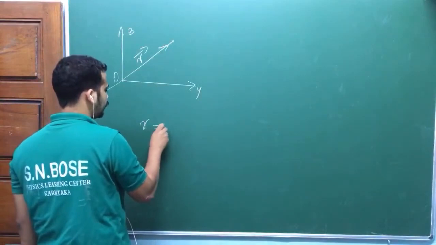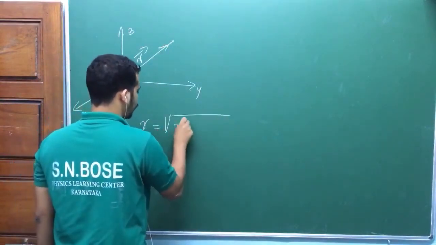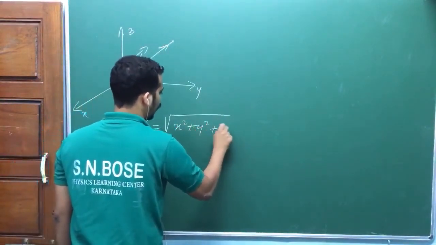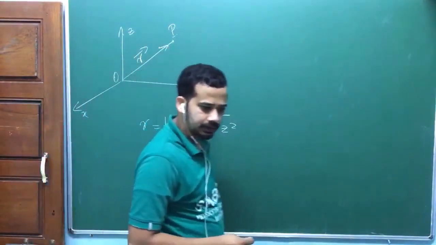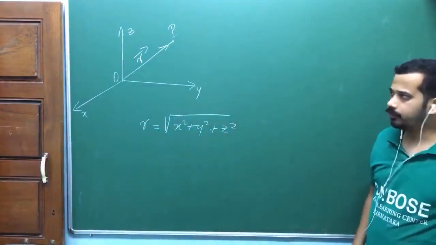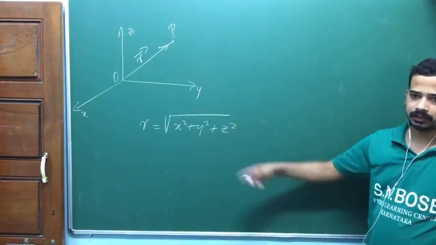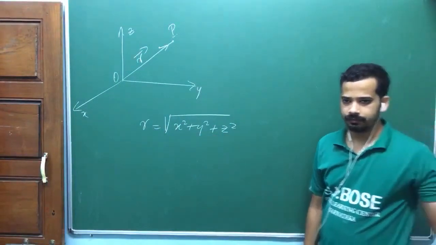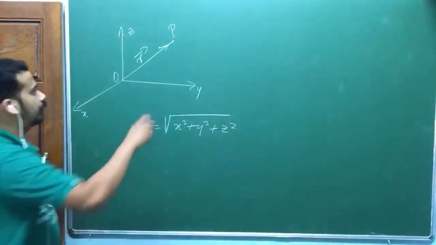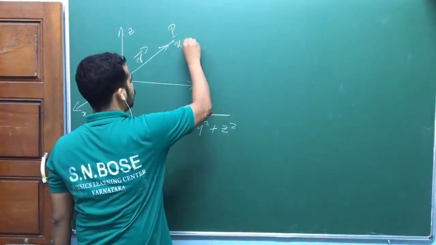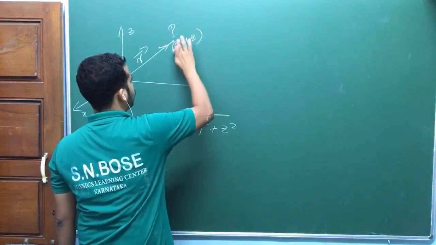What is that radial distance? How do you write it? Root of x square plus y square plus z square, or the distance of this point x comma y comma z from the origin. Can I say like this?